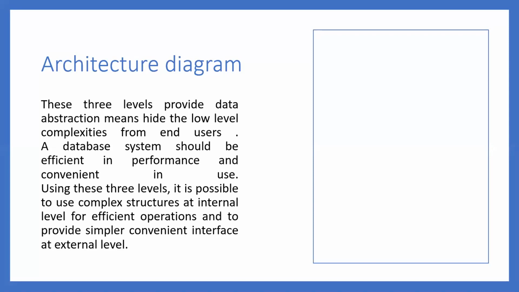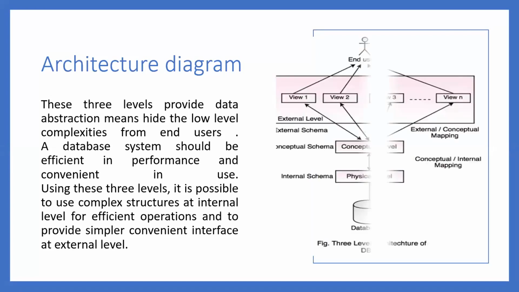Using these 3 levels, it is possible to use complex data structures at internal level for efficient operations and to provide a simpler, convenient interface at external level. These are the advantages of using this 3-level architecture of database management system.